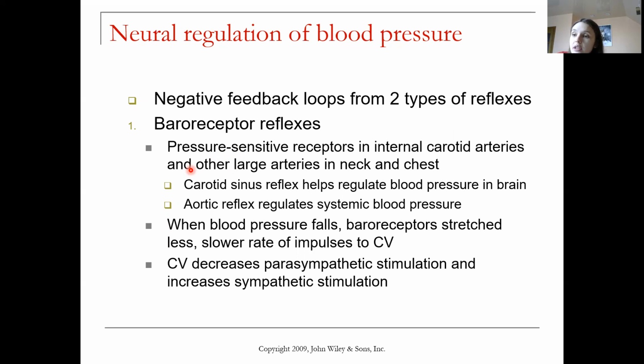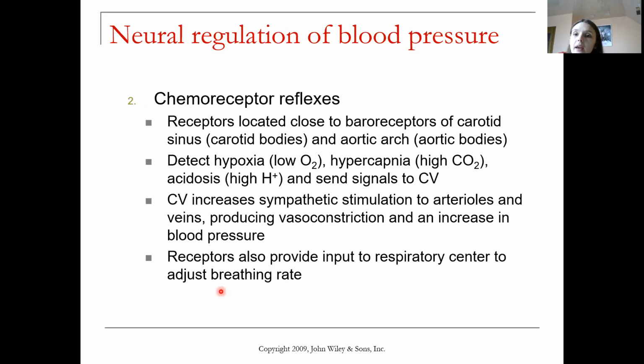So the arteries will either stretch or dilate. When blood pressure falls, baroreceptors are stretched less, sending slower rates of impulses to the cardiovascular center. The cardiovascular center decreases parasympathetic stimulation and increases sympathetic stimulation.